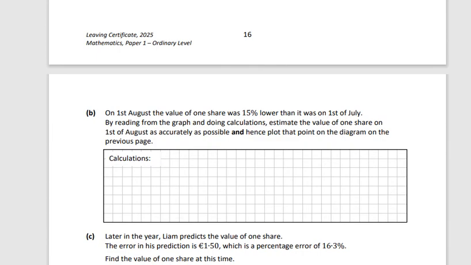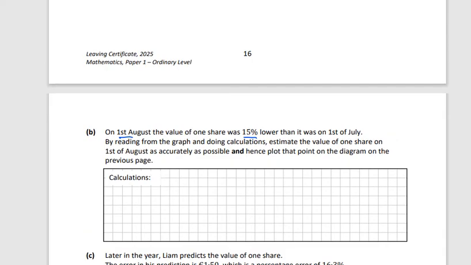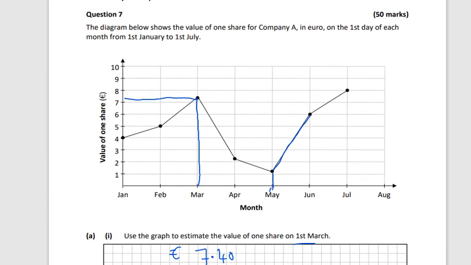Next question then. On the 1st of August, it was 15% lower than on the 1st of July, and we have to find out what it is in August. Well, if we look at July, you can see that it was 8. It's on the line for 8, so it's €8.